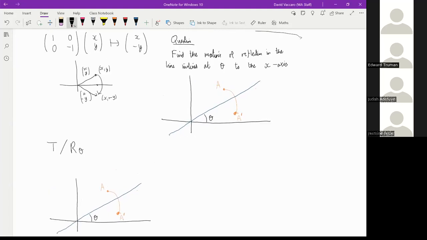Can anyone think how to find the matrix of reflection in this line theta? Can anyone think of a strategy? Oh, we've got a Rubik's Cube person.